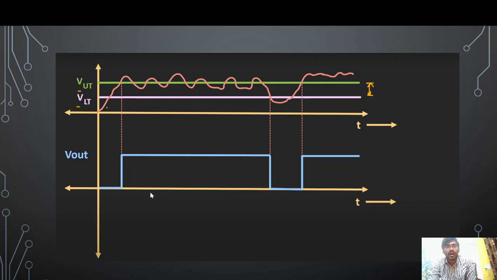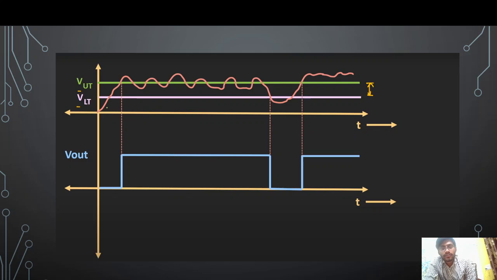The first two are the low and high output values of the Schmitt trigger, and the remaining two are the upper and the lower threshold values, which decide the triggering instance for the Schmitt trigger. These four parameters define the characteristics of a Schmitt trigger.